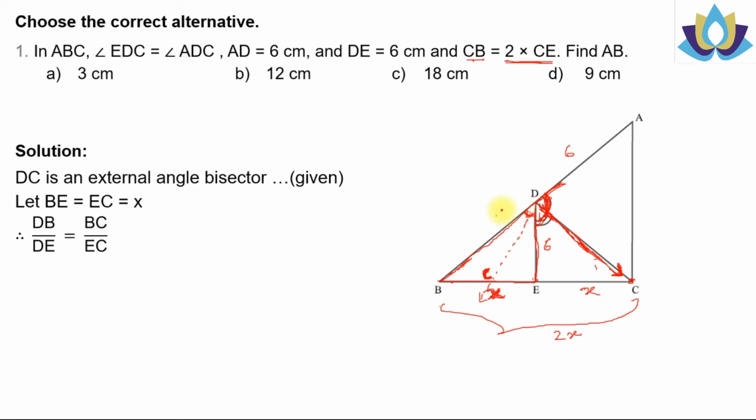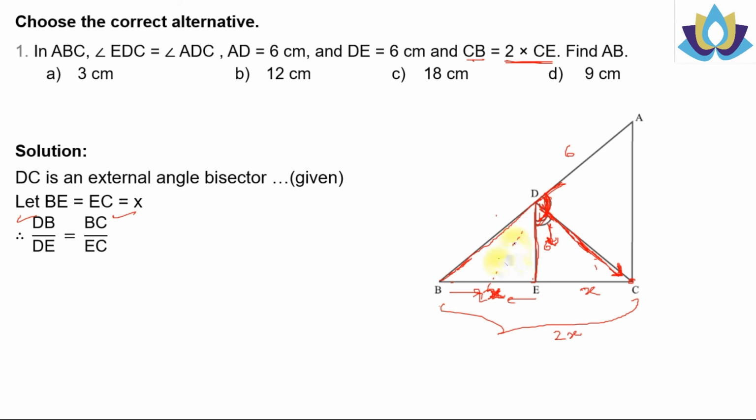We can write DB upon DE, which is written over here, is equal to BC upon EC, which is written on the right hand side. Now you can understand and recall it, or correlate it with the theorem. I'm just removing that interior angle bisector to avoid any further confusion. But I hope you are getting the idea. The sides will remain the same.